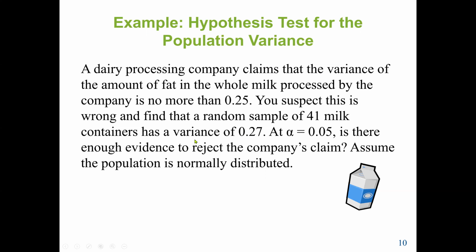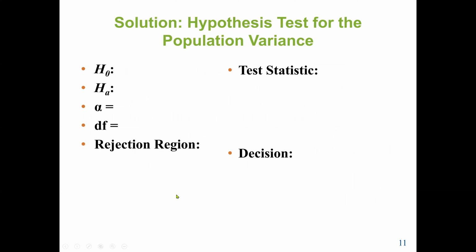Again, our goal here is testing a variance, so we use the chi-square table. First step, we need to state our null and alternative hypotheses. The null hypothesis is what the company claimed: the variance is less than or equal to 0.25, and HA is greater than.